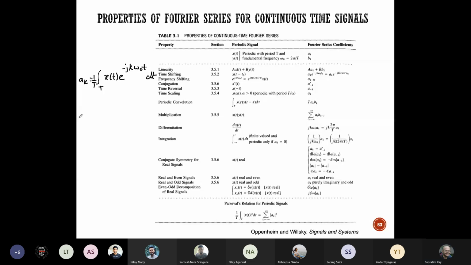Integral over t, and so if I'm now looking at coefficients b_k for a signal which is given by this complex conjugate, e to the power j k omega naught t dt, you can see that if I did a conjugate on this whole thing here, so if I had looked at a_k conjugate, the conjugate will come inside, become the conjugate of this, and this is just going to make this plus.